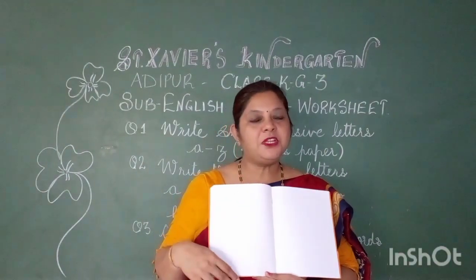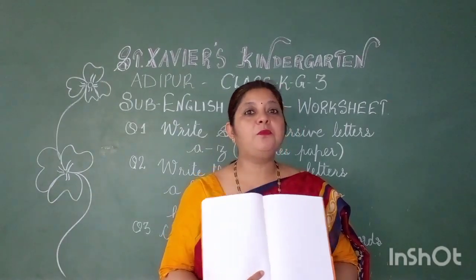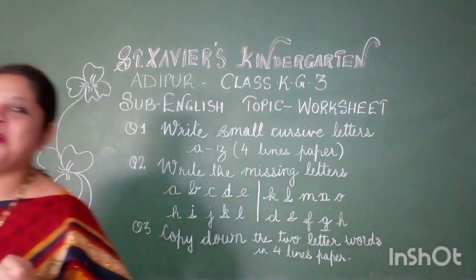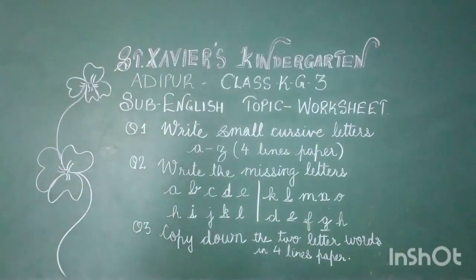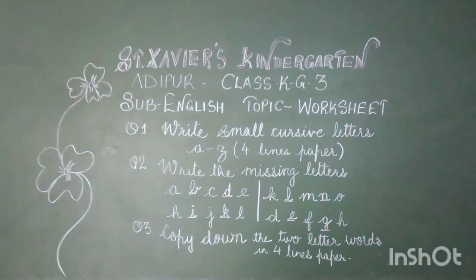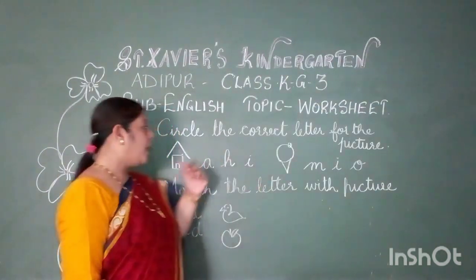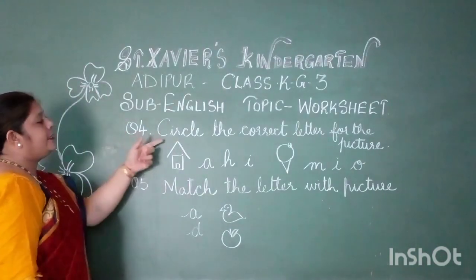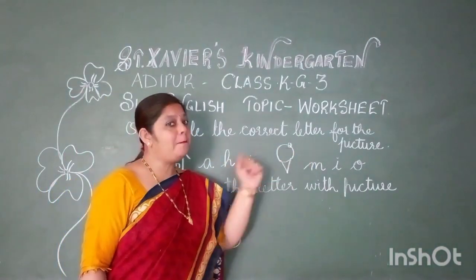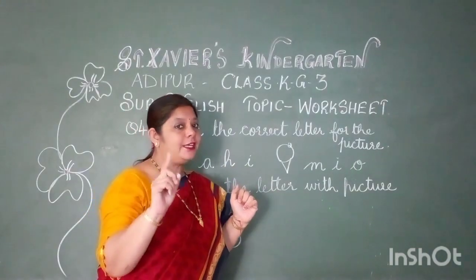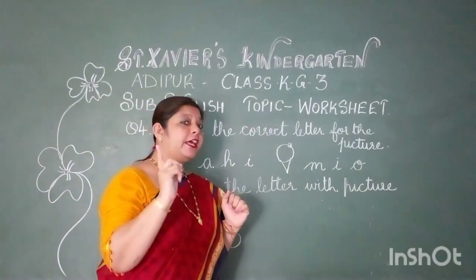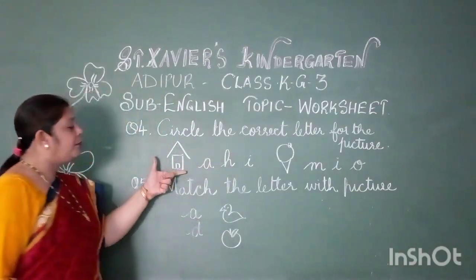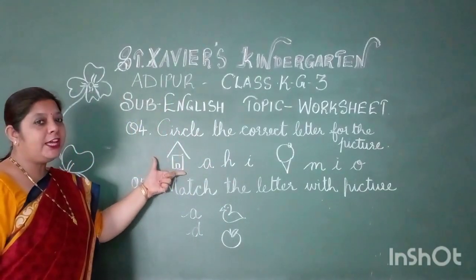Okay, so come to the next. Ma'am will show you how you have to perform your question number 4. Are you all ready? Come on. So you have to see how you have to do your question number 4. It's circle the correct letter for the picture. You have to circle, right? आपको circle करना है correct picture के साथ में correct letter को देख के. अच्छा, who will tell me what about this? कौन सा picture है ये?